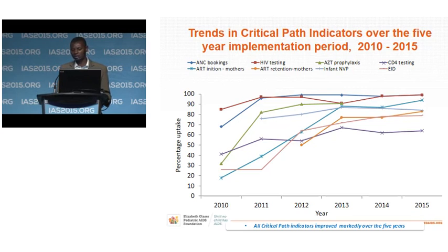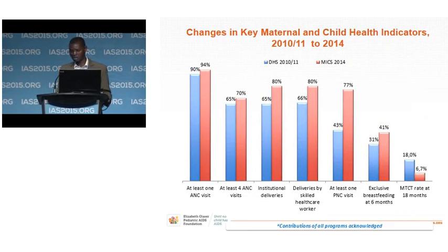The MTCT rate is now close to the Ministry of Health and Child Care's elimination goal of less than 5%. As of now, EGPAF and CIFF are implementing a new set of critical path indicators which are focusing on improving quality of PMTCT services and the children's cascade.